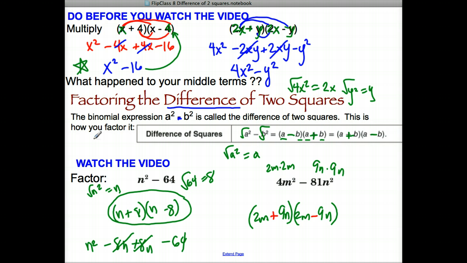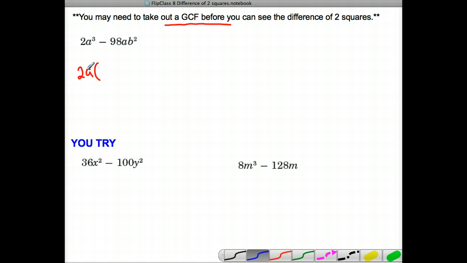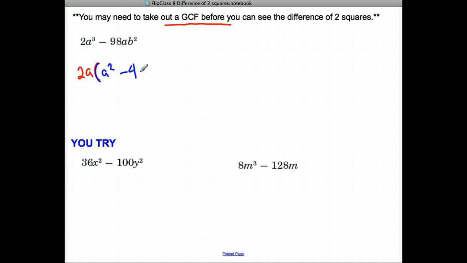Now the only thing that we might need to do is to factor out a GCF. You always look for a GCF first anytime you're factoring anything. So with this one, I can factor out a 2. What else factors out? I can also factor an a out of both. And that leaves me with an a squared minus 49b squared.